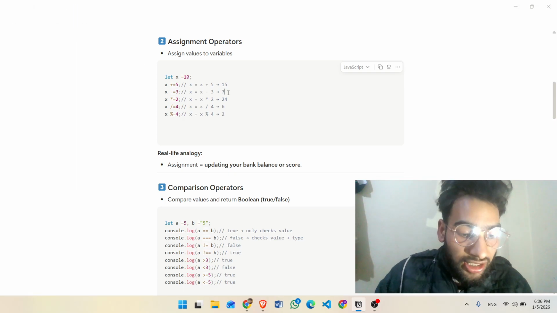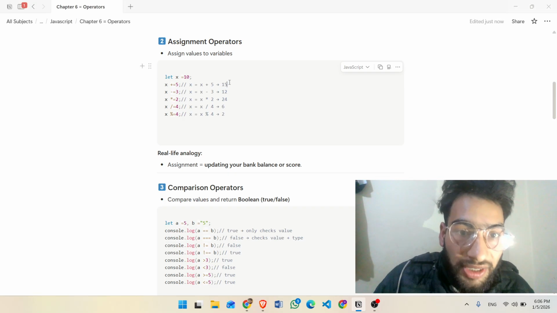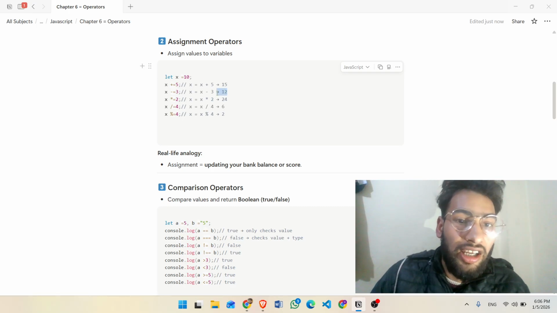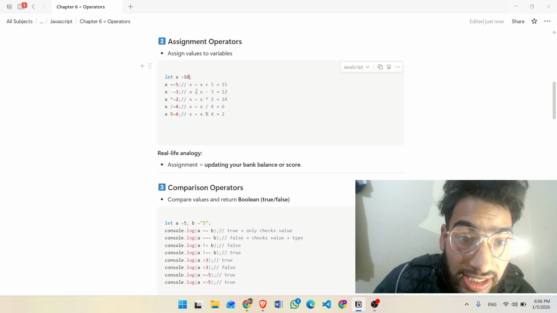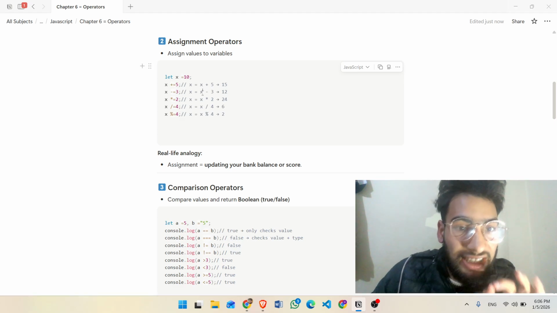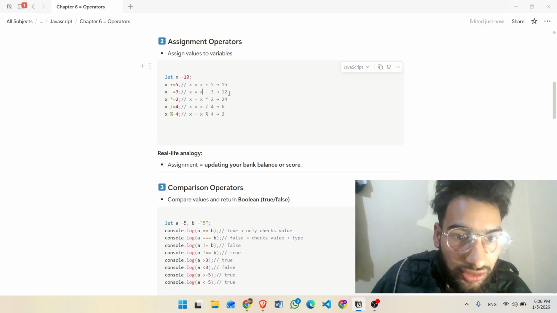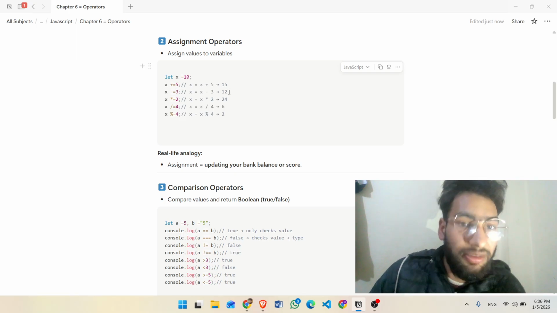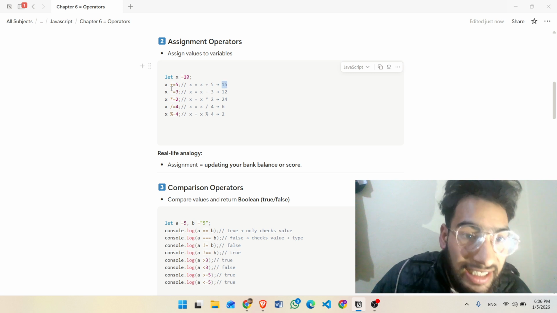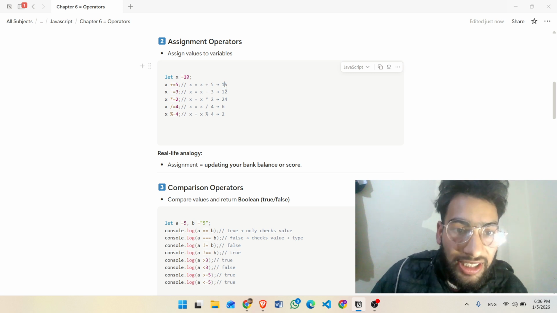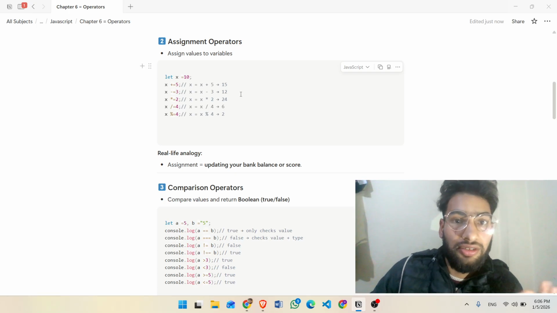But here it is giving 12. The reason is that x was 10, but x became 15 by adding 5. 10 plus 5 is 15, then 15 minus 3 is equal to 12.